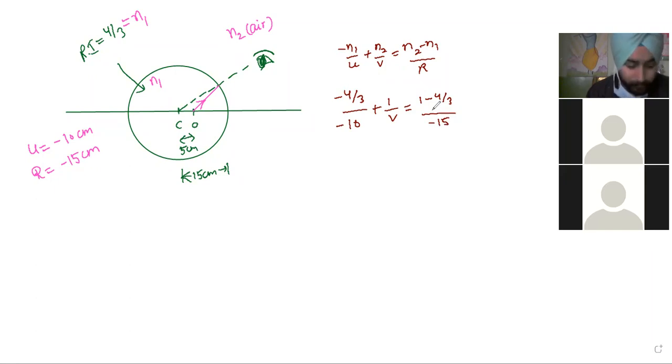Yes beta, minus 9. Yes, sir. So what is the nature of the image? Real or virtual?